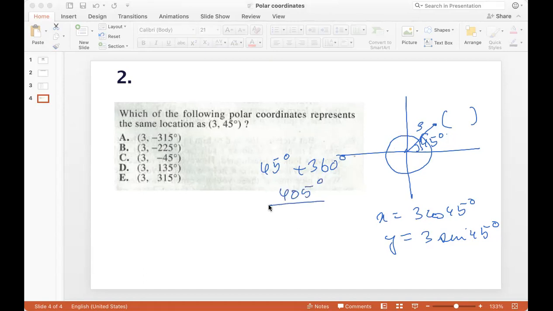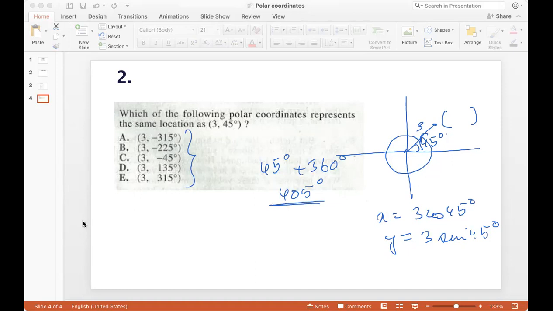So I would notice that cos of 405 and sine of 405 will have the same location as cos of 45 and sine of 45. Correct? But what about these options? Let me look at these options now.